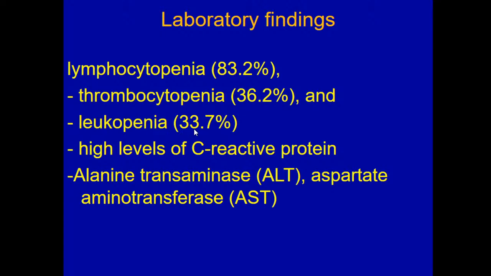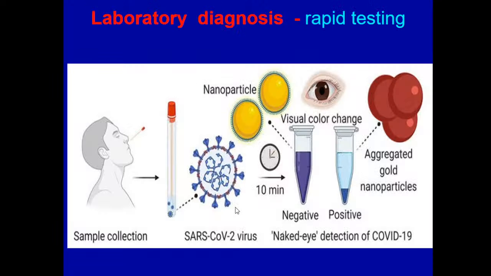Leukopenia in almost 34% of cases. A very high level of C-reactive protein also is found, and we mentioned that liver damage may occur, and as a result the alanine transferase and aspartate aminotransferase liver enzyme levels will be elevated, and that can be seen by laboratory findings.